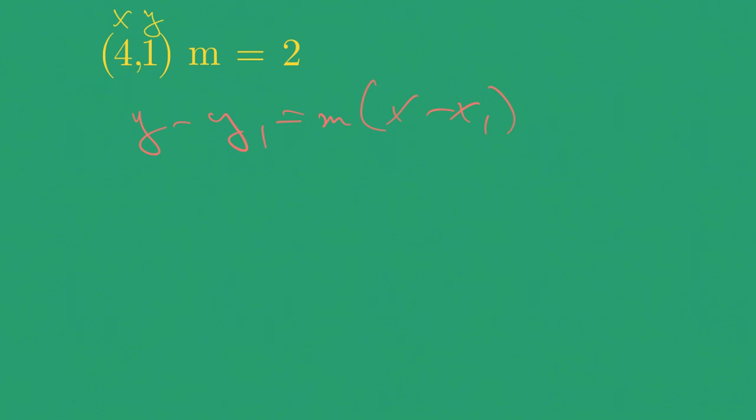So here we go. We're going to go y minus, make sure you put that minus sign there. That minus sign is built into the form. Y minus, what was my y value? 1. Plug that in. Equals, what's my m value? 2. Plug that in.